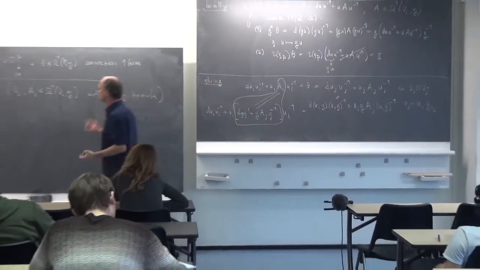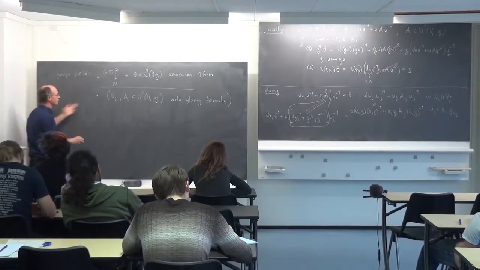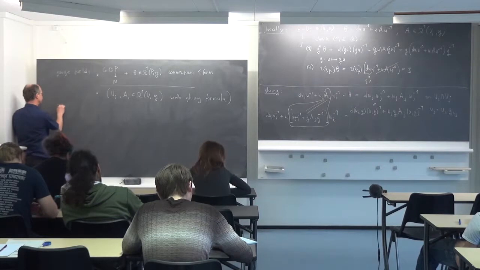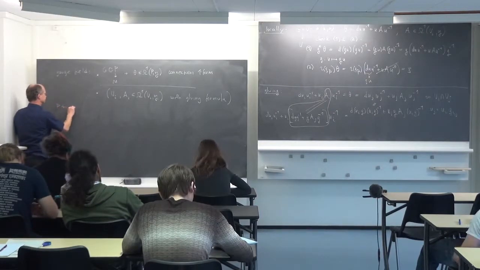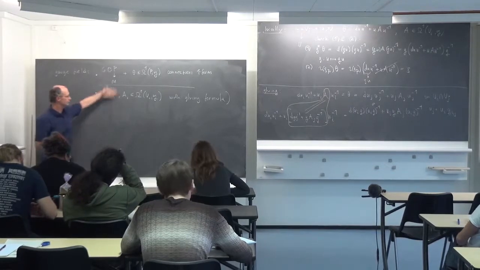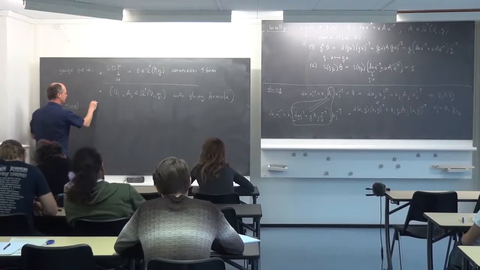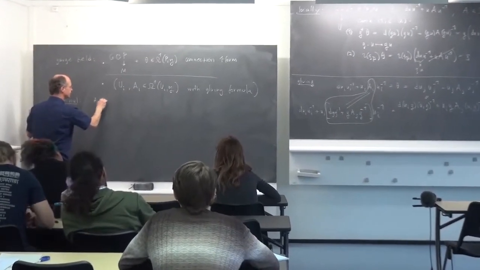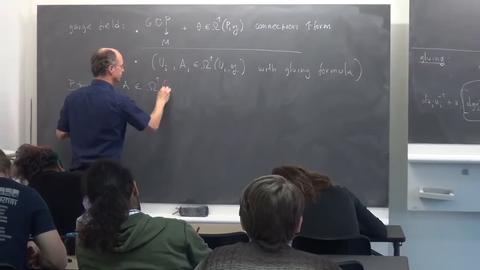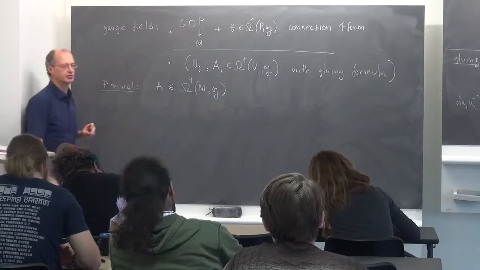So this is also a possibility. Of course, if the bundle is trivial, then these points of view to some extent coincide, and you can say that you have a globally defined one-form A, which is a form on your space-time with values in the Lie algebra.